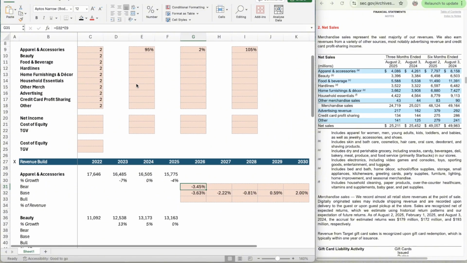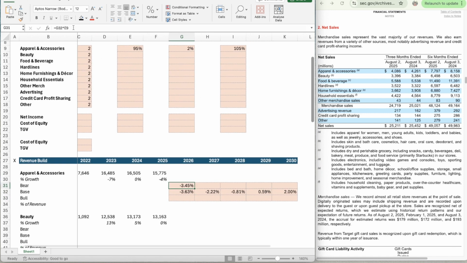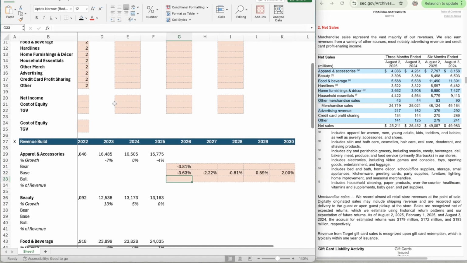That's not the bear case because that's better. So we have to do it the other way around. If it's a negative, we have to do it the other way around, because otherwise it will make it a higher number.